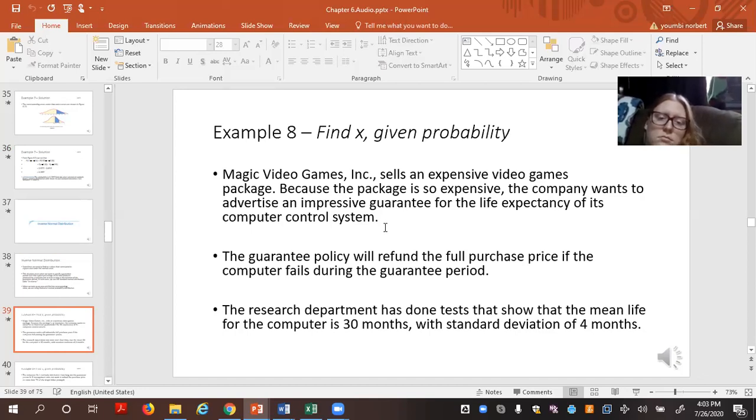So the research department has done tests that show that the mean life for this computer game is 30 months with a standard deviation of 4. We want to write that down because I will move to the whiteboard to explain. So the mean is 30 and the standard deviation is 4.